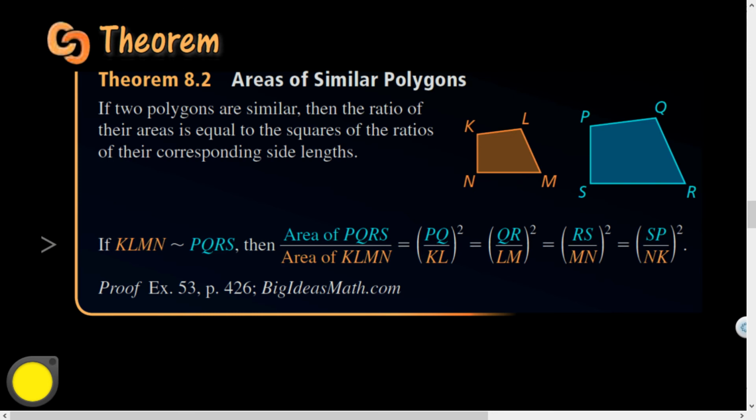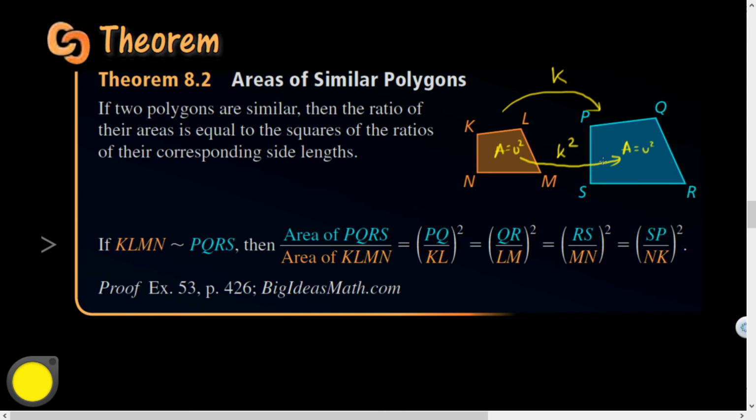The area of a figure is not a linear dimension, right? Area is measured in some sort of units squared. And so if all of the linear dimensions were scaled by a factor of k, the areas are scaled by a factor of k squared.